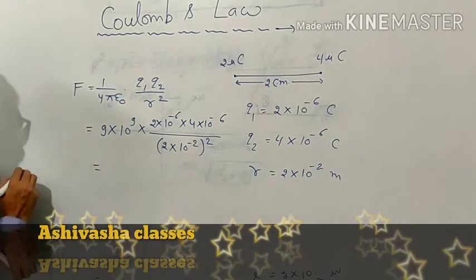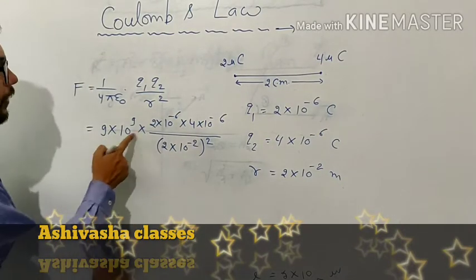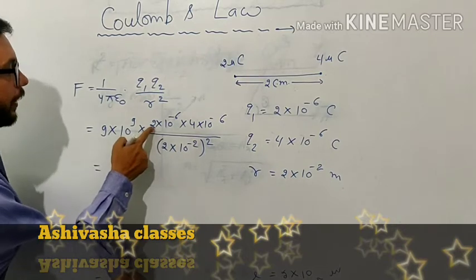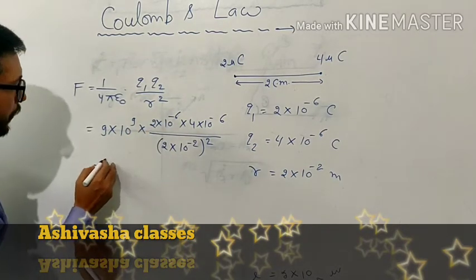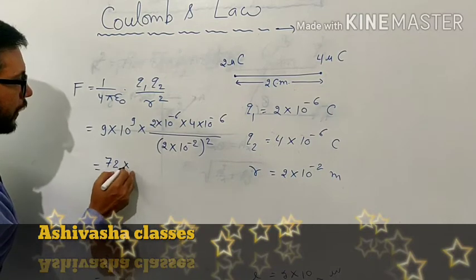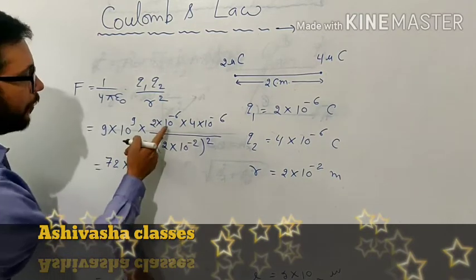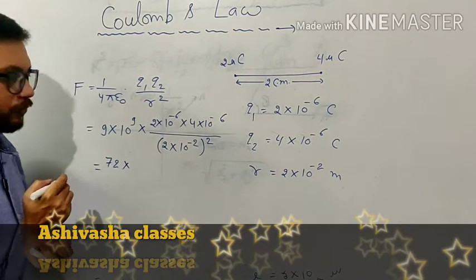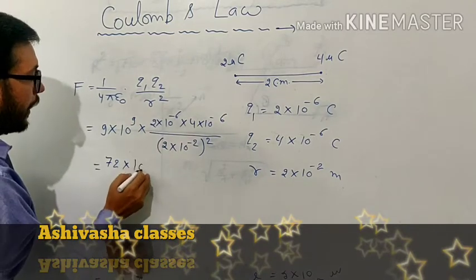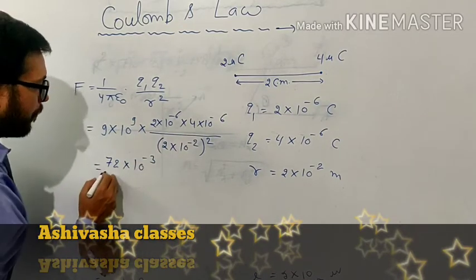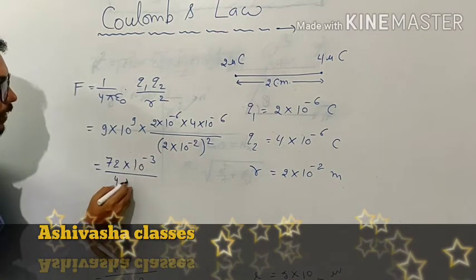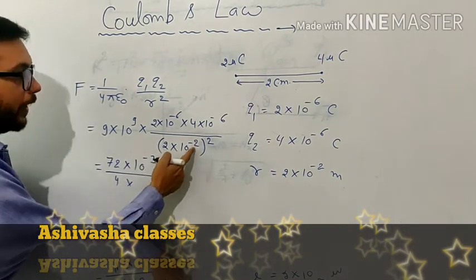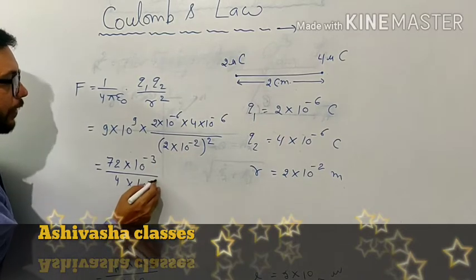So it can be rewritten as 9 into 2, it means 18, and 18 into 4, that is 72. And what about 10 to the power minus 6 minus 6 plus 9? So we have 10 to the power minus 3. Simply the square of 2, that is 4, and the square of 10 to the power minus 2, that is 10 to the power minus 4.